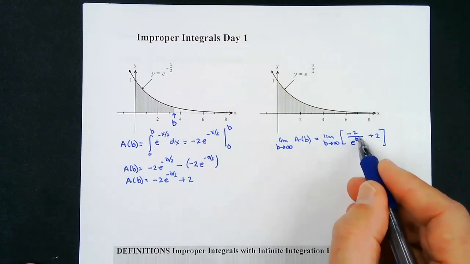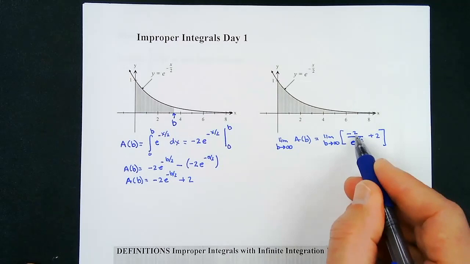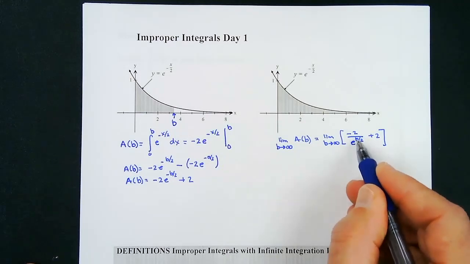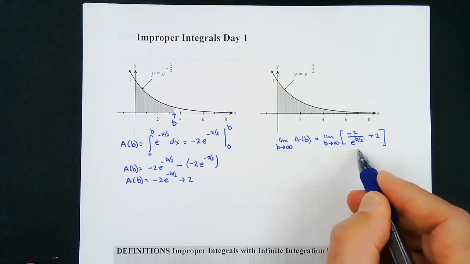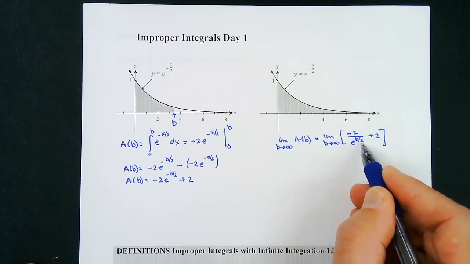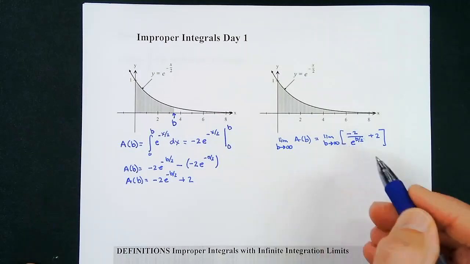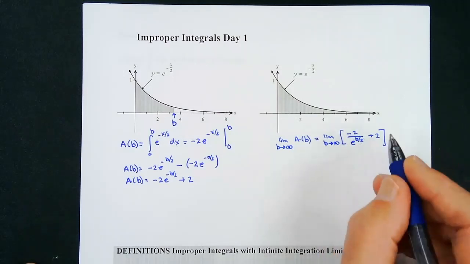B in this exponent is going to get really, really big, which means e to a really big positive number is going to be really big. So this denominator is going to be really, really big, and that's going to make the overall fraction get closer and closer to 0.